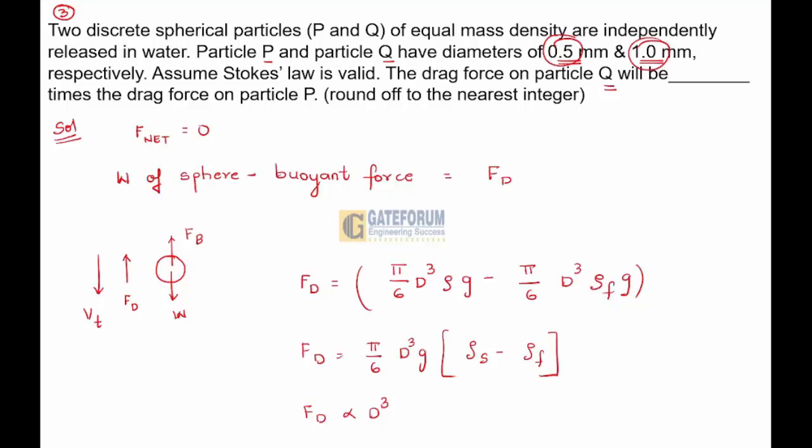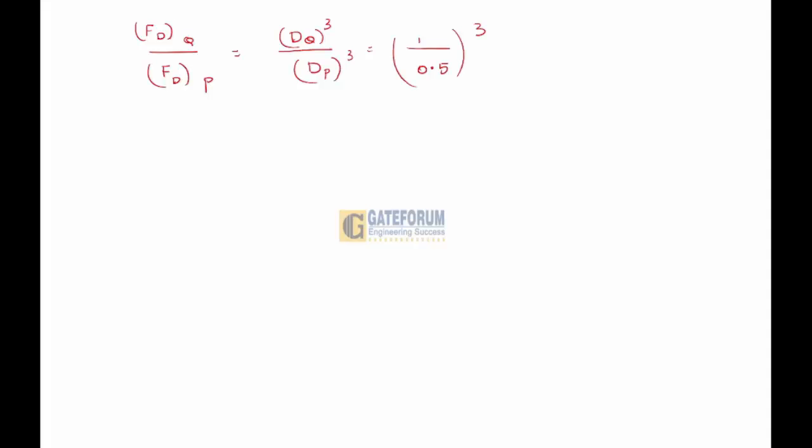So force of drag on particle Q by force of drag on particle P will be diameter of Q cube by diameter of P cube, which will be 1 by 0.5 whole cube, which is 8.